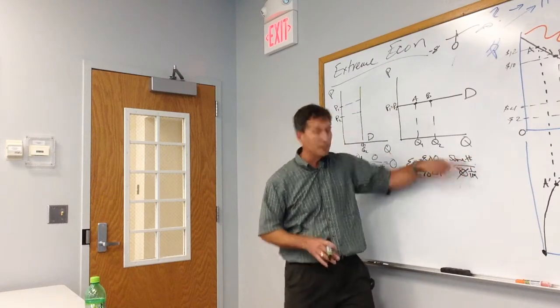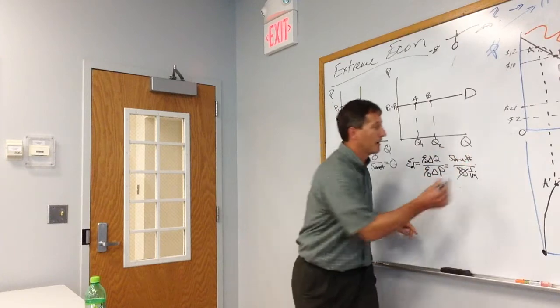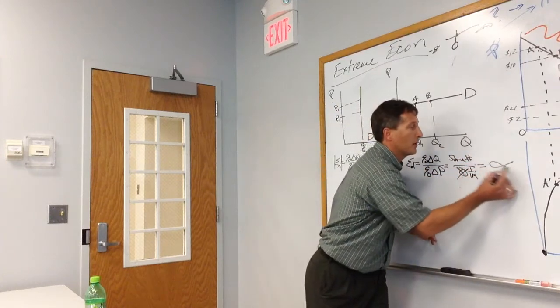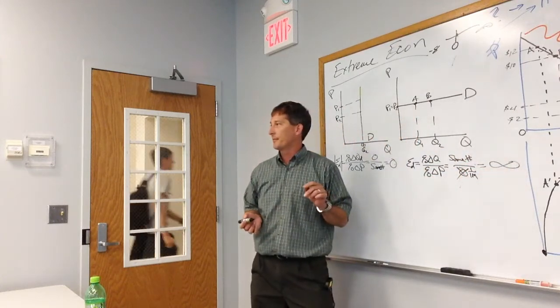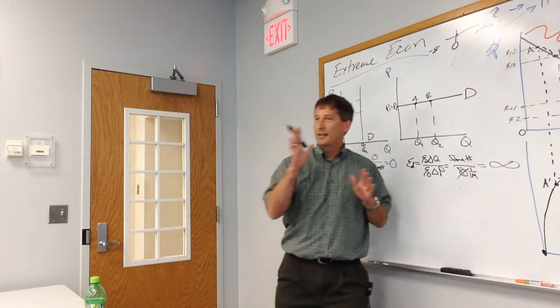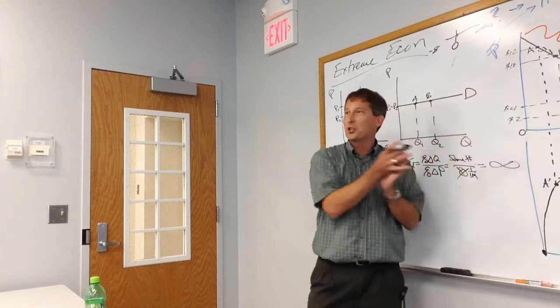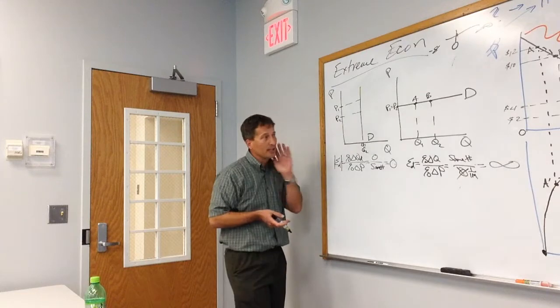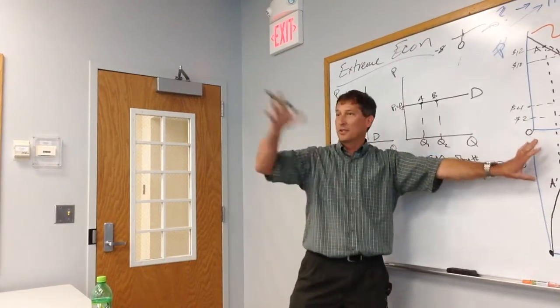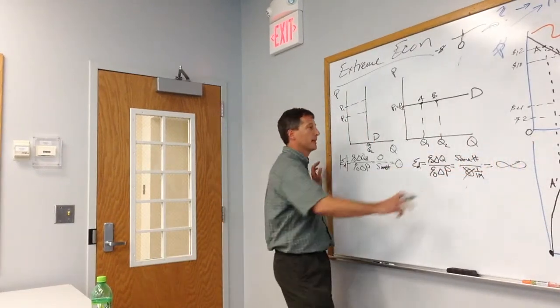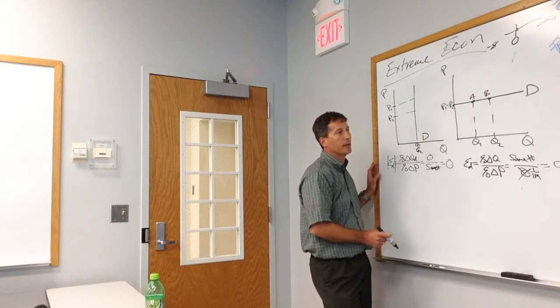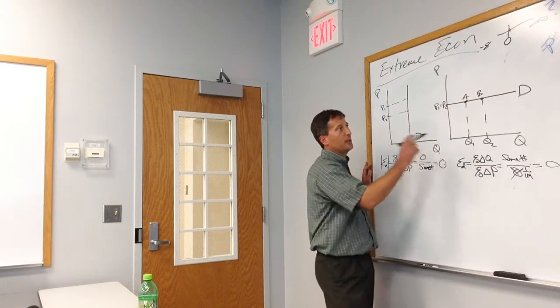If you're still uncomfortable, it's some number times a trillion. In other words, it's as big as you want it to be. It's infinity. Okay, so we can say that this expression is essentially equal to infinity. It just blows up on us because we can make the denominator as small as we want it to be. And there's your extreme cases.